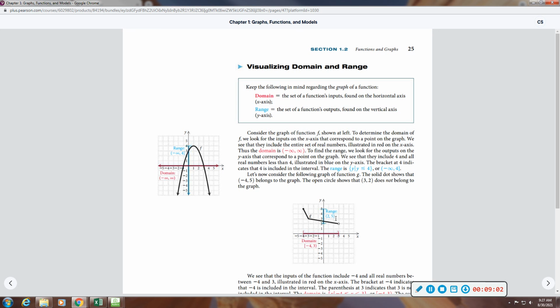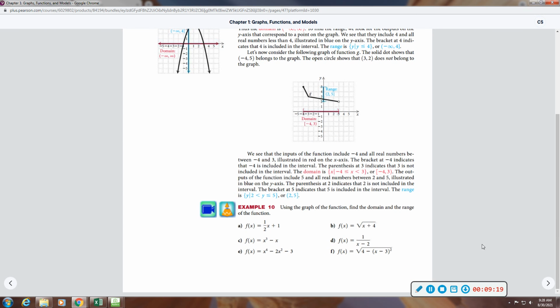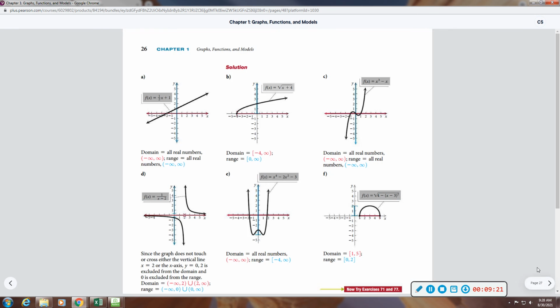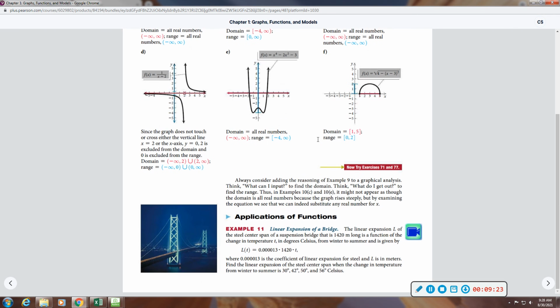And it's a parenthesis because it has an open circle, which means 3 is not included. So this is domain, and then we do the range the same way. We look top to bottom. You always want to start your domain and range with the lowest point and go up to the highest point. Again, we will do some of these in my math lab, and they give you solutions for those.